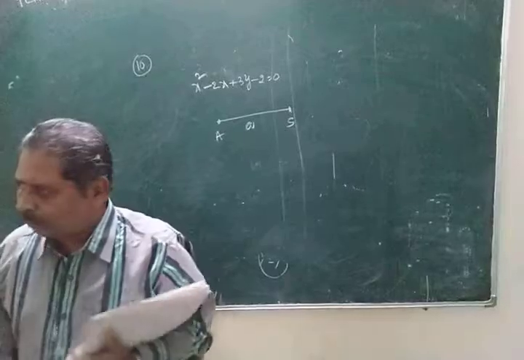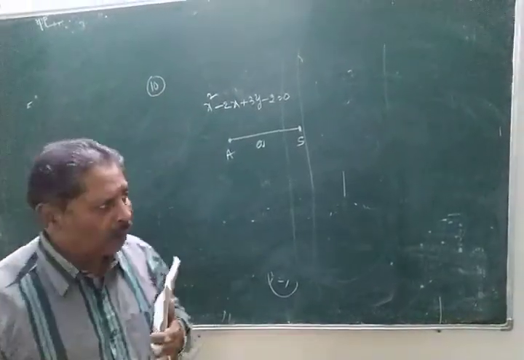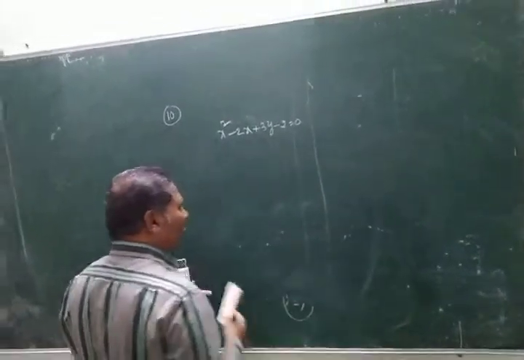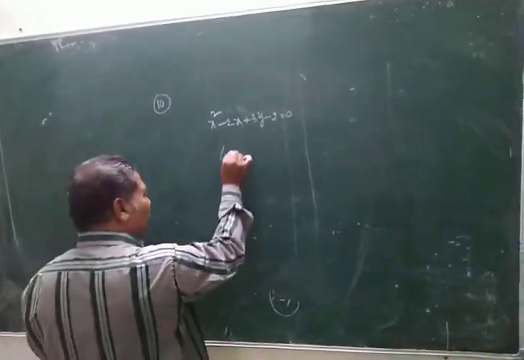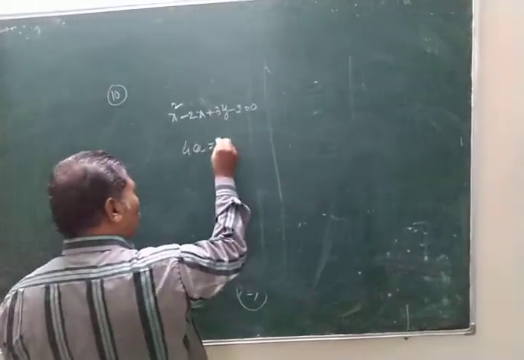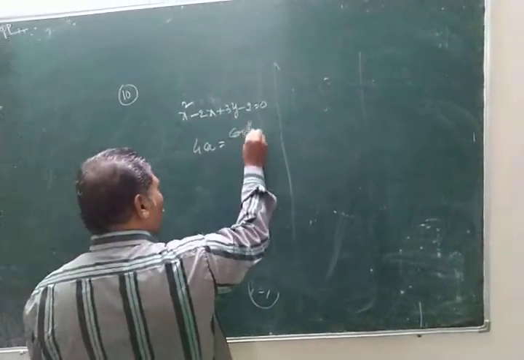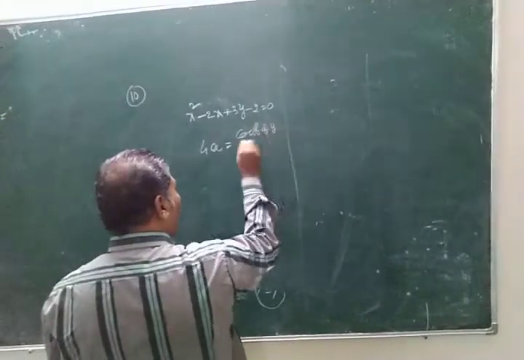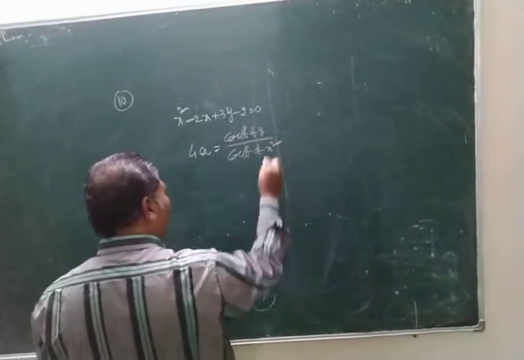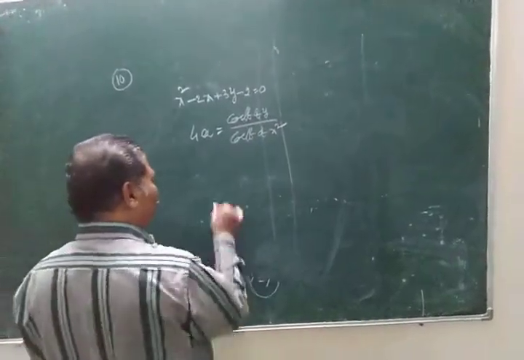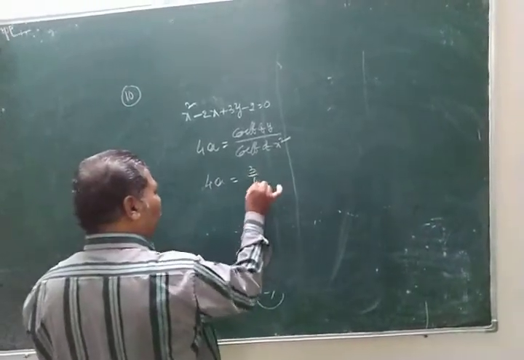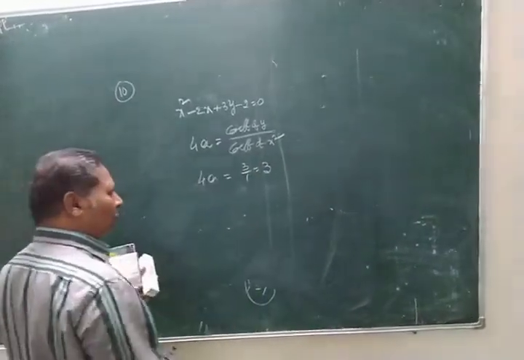Length of the latus rectum. 4a equal to coefficient of y by coefficient of x square. 4a equal to 3 by 1.